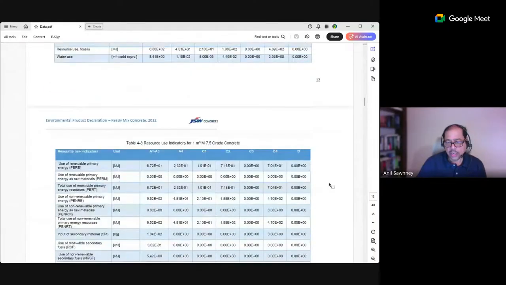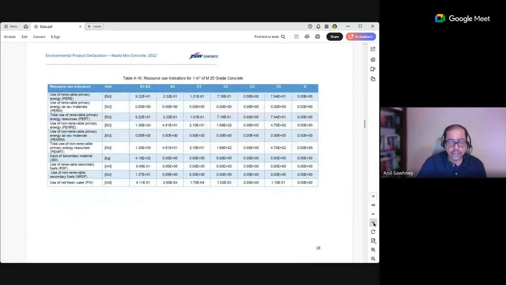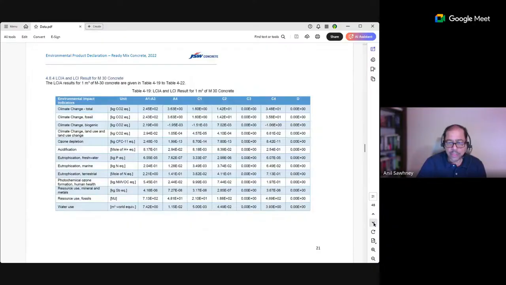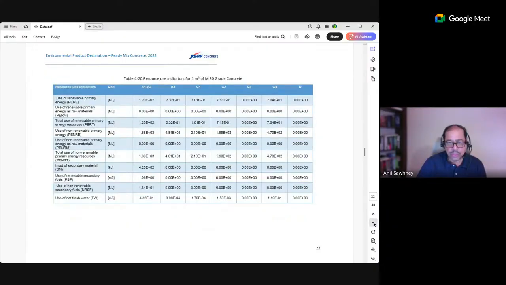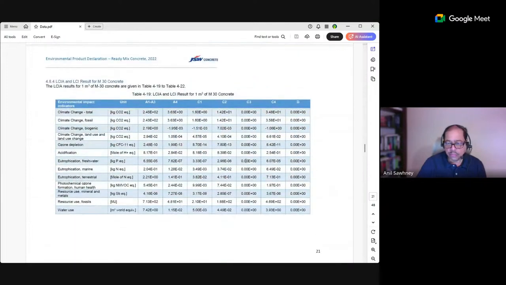So I think in our case, we are doing M30. So page, I believe 22. So you have 1 cubic meter of M30 grade concrete. Oops, not 22. It should be page 21. 1 cubic meter of M30 grade concrete.